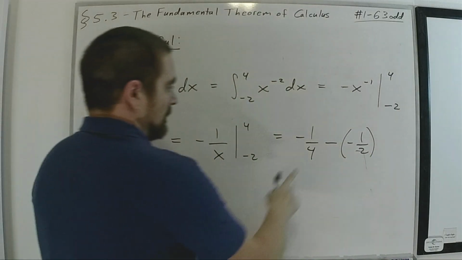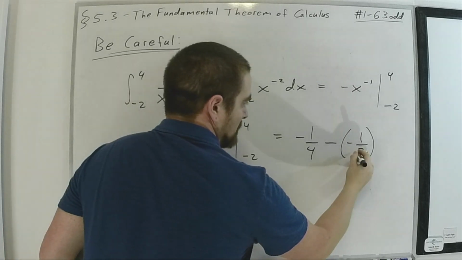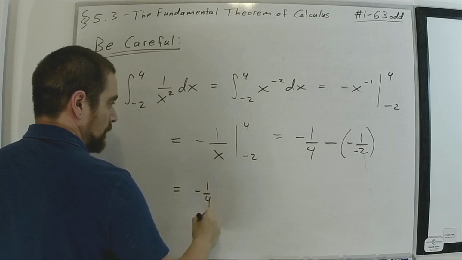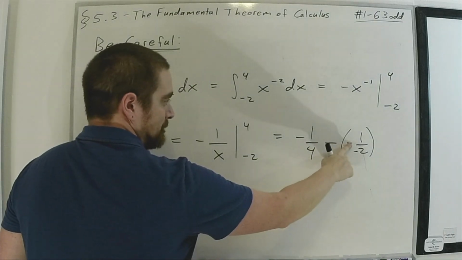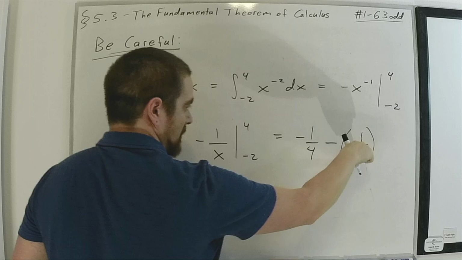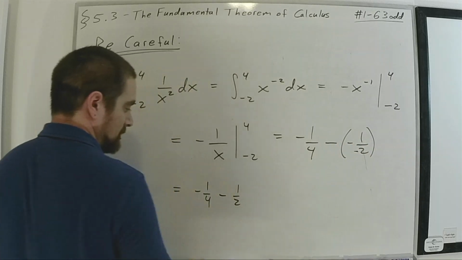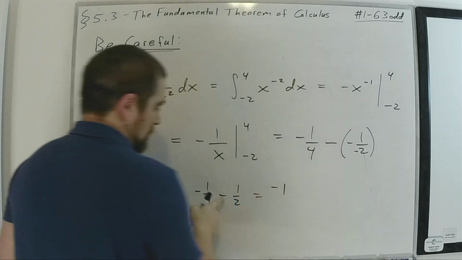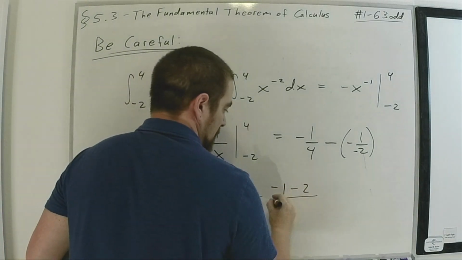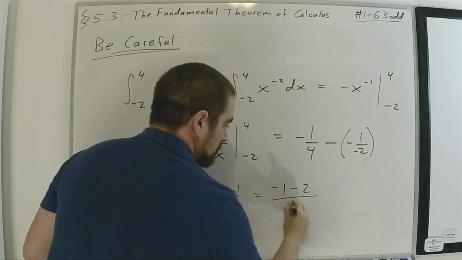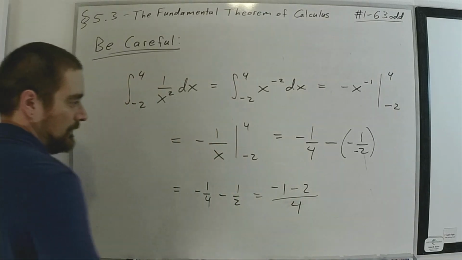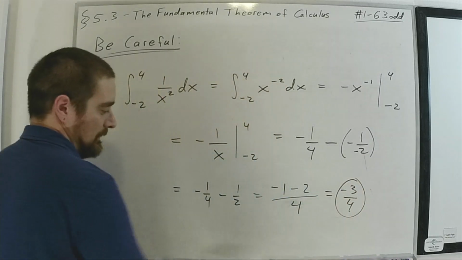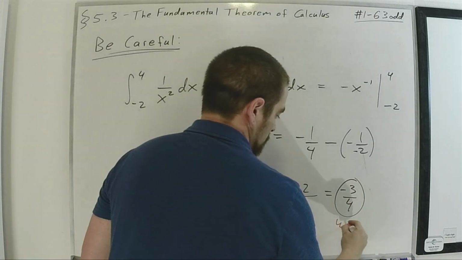There's lots of negative signs flying around in that second piece. So I've got negative 1/4. Minus minus is positive, but then there's another negative in this fraction, so I'm actually subtracting a half. Common denominator says I have a negative 1 minus 2 over 4, so minus 2 over my common denominator of 4. That's a negative 3/4. And you would think, yay, I'm done, I did it. And this is completely wrong.